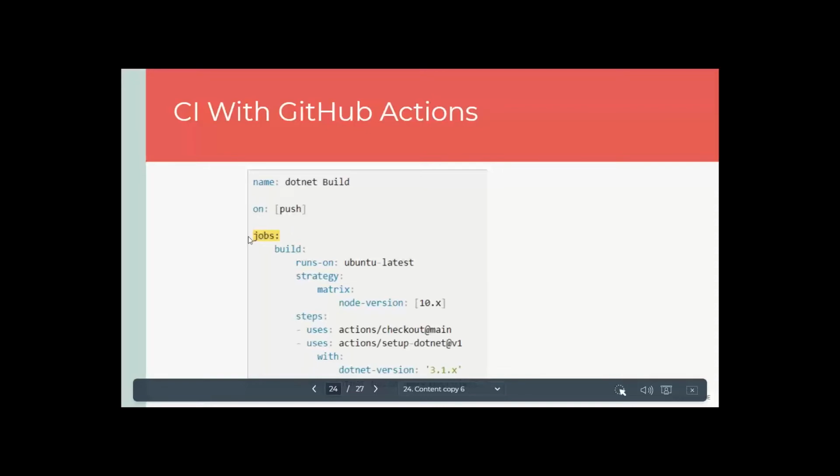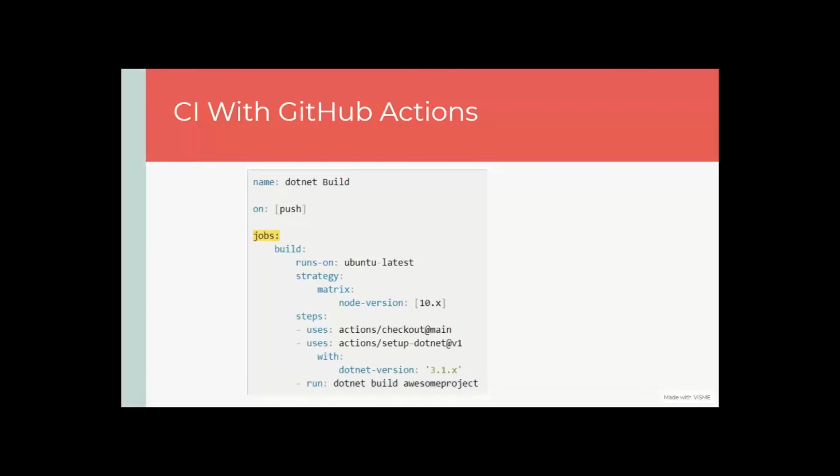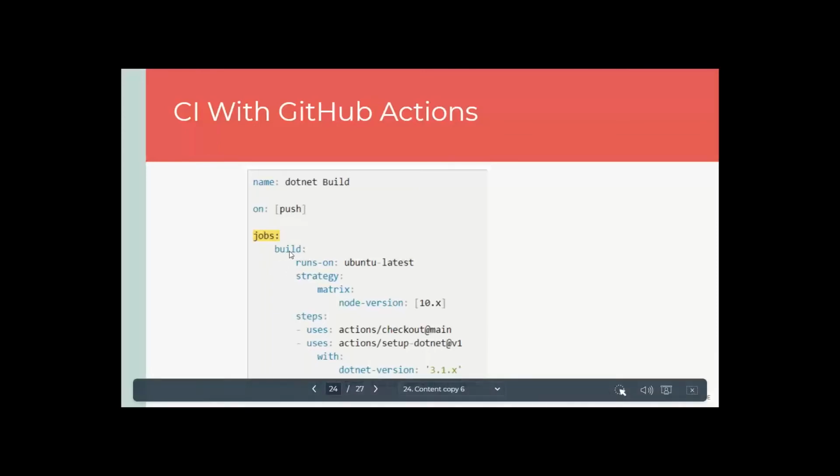Then under the one workflow, we will have many jobs like build, test, security scanning, dev deploy, QA deploy, production deploy. So there can be many jobs, and here one example is the build. Then this runs on Ubuntu latest.